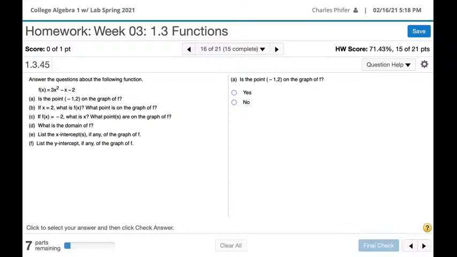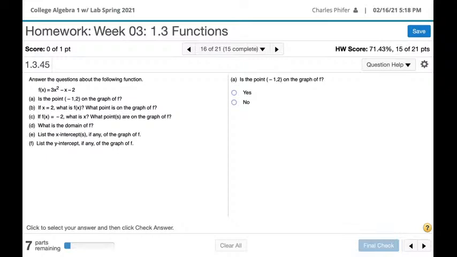And then D is domain. E, x-intercepts. And F, y-intercepts. So this is pretty thorough.